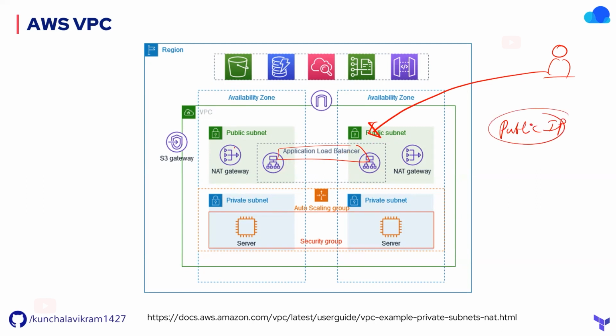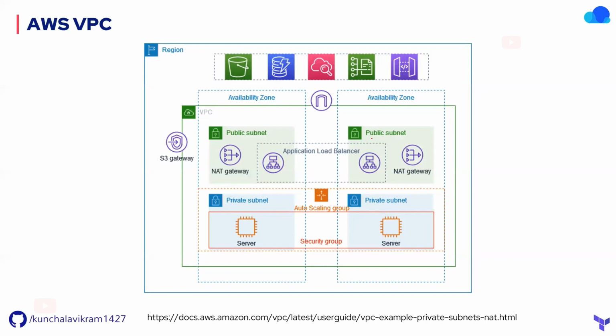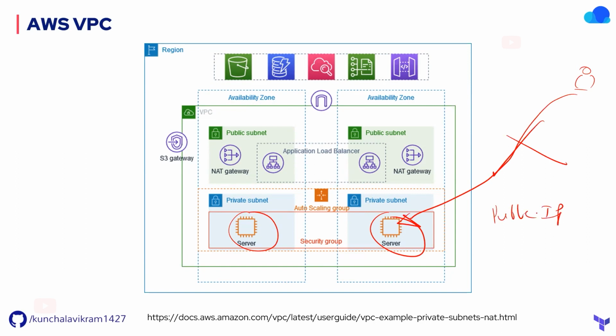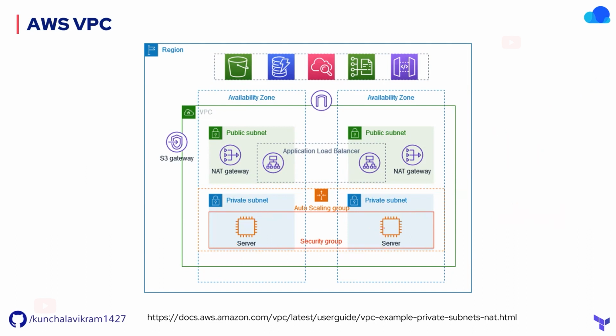Anything that you deploy in a public subnet will have a public IP. Why these are in private subnet is because I don't want direct access to these instances. Without a public IP, people cannot access it. That's the reason you will not have any public IP assigned to the instances deployed in a private subnet.